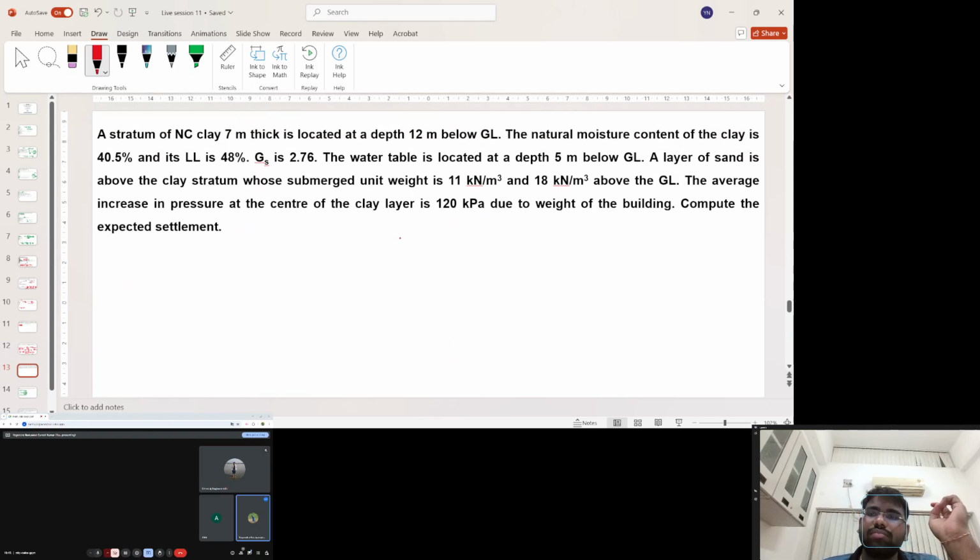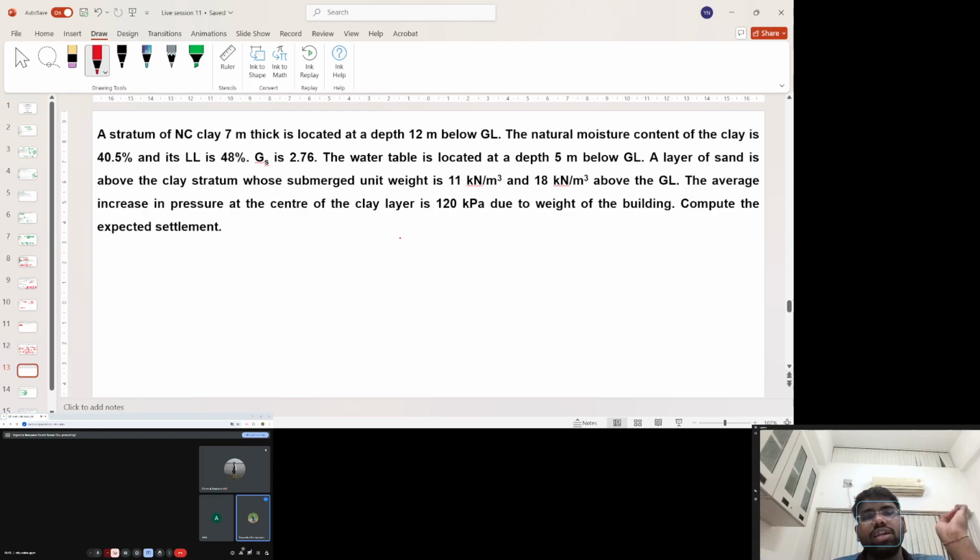A clay stratum, which is NC. NC clay stratum 7-meter thick is located at a depth 12-meter below ground level. The natural moisture content of the clay is 40.5% and its liquid limit is 48%. Specific gravity is 2.76.